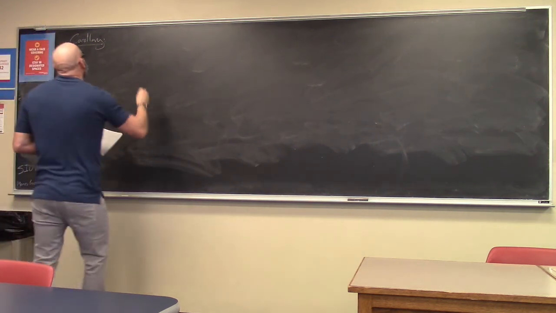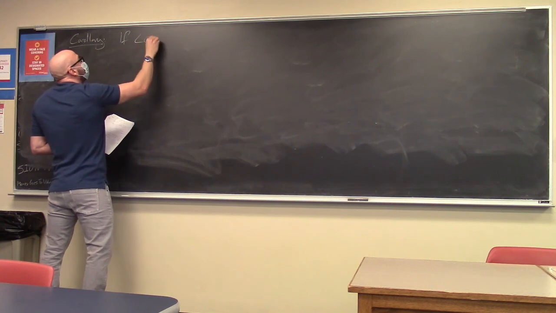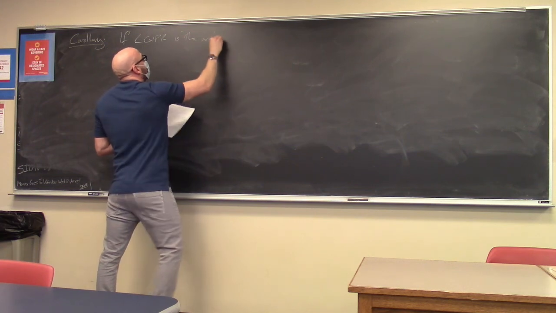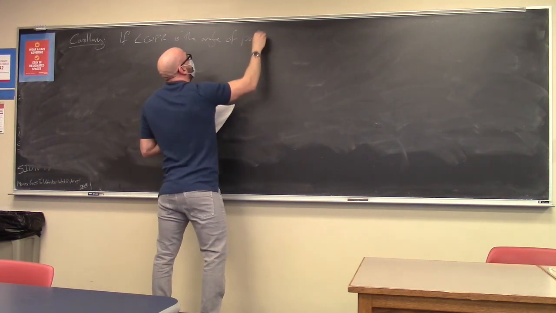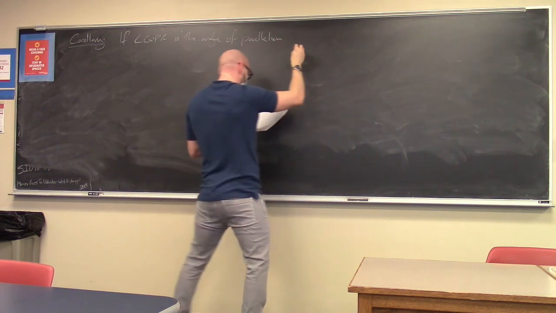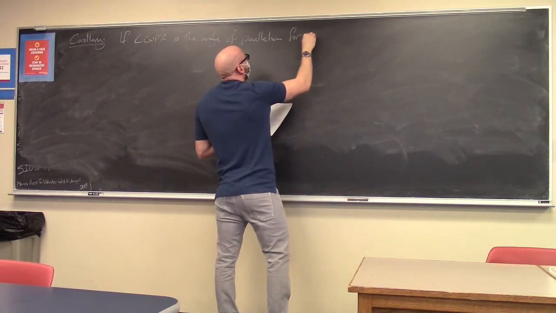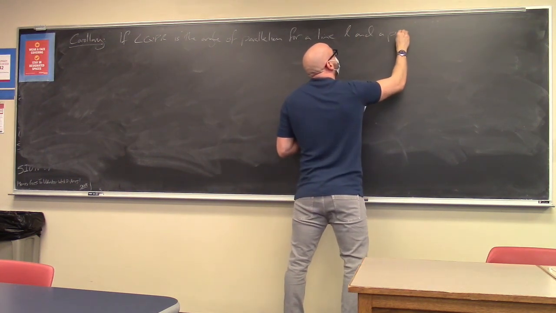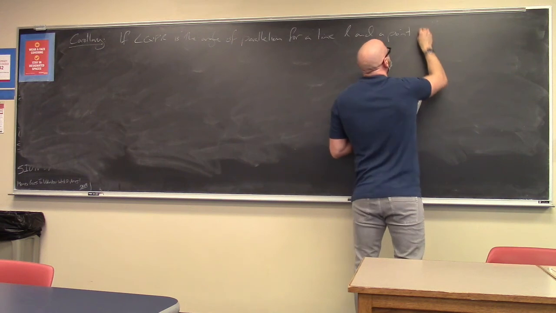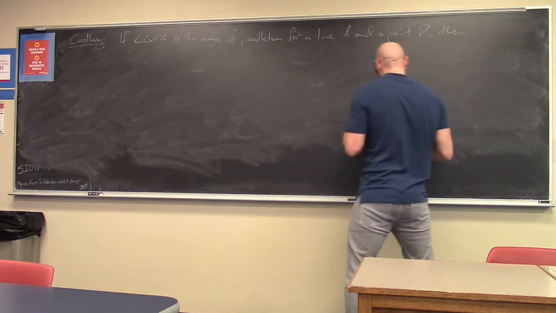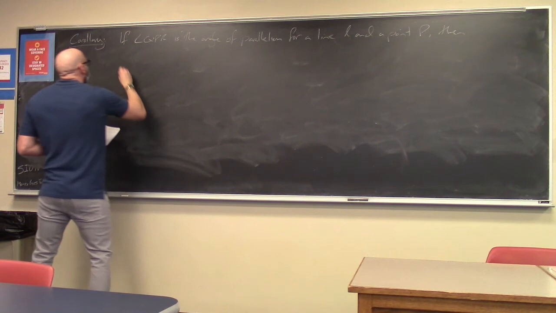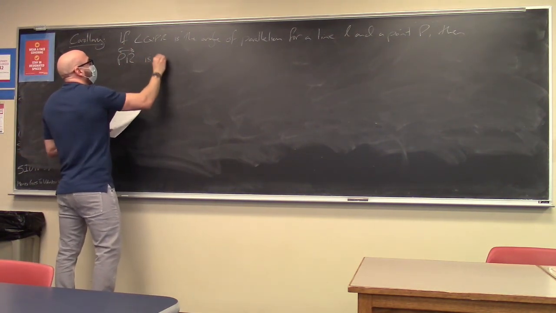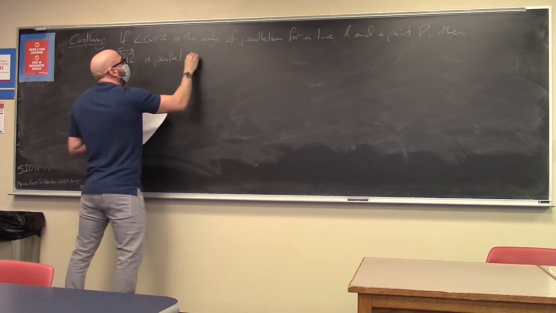So as a quick corollary, if the angle QPR is the angle of parallelism for a line L and a point P, then PR is parallel to L.